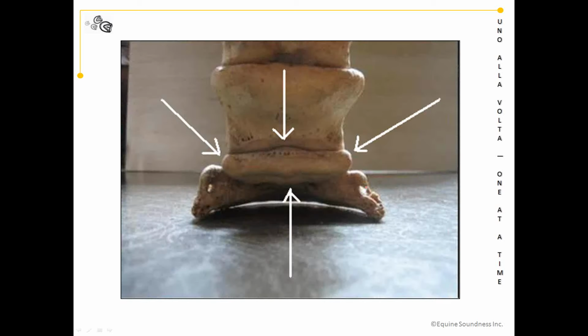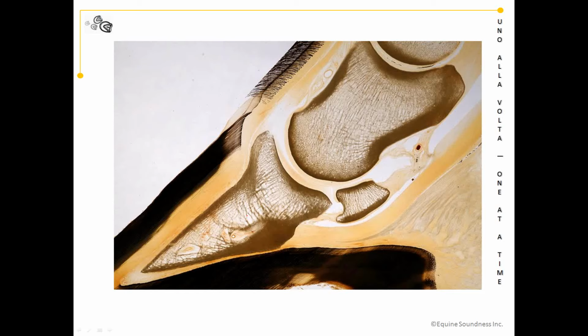So again, we had this picture already just marked up a little bit different earlier. This is how the navicular bone sits in the back of the hoof. Something else to practice drawing. And here in this sagittal cross section, we actually have it sitting here.